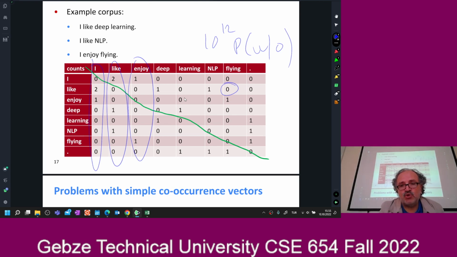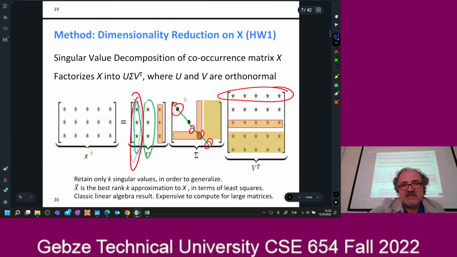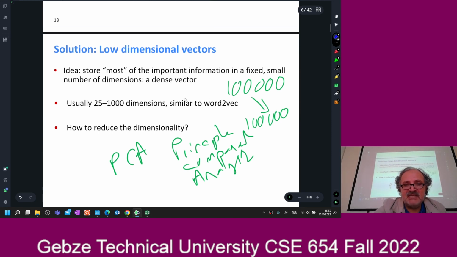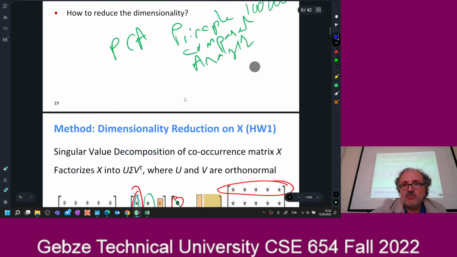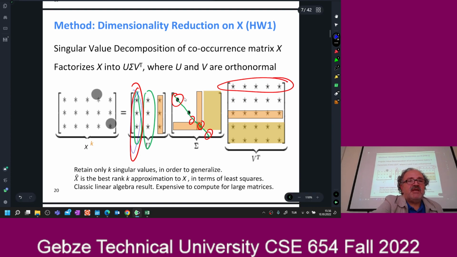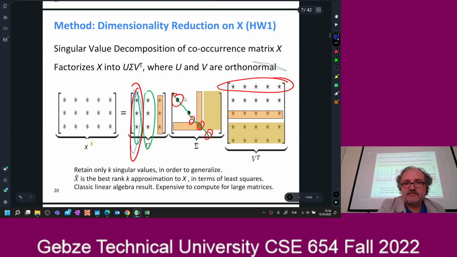Again, how am I going to show an 8-dimensional vector on a piece of paper? I need 2 dimensions. For that, we usually use principal component analysis. You should know this from your linear algebra course. It says that given a matrix, square or rectangular, it doesn't matter, you can always factorize it into 3 parts.